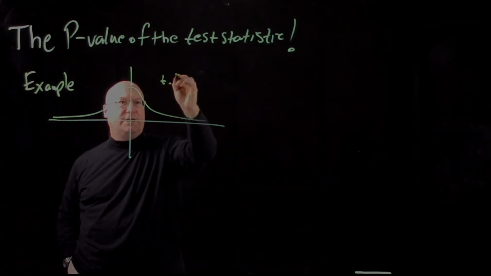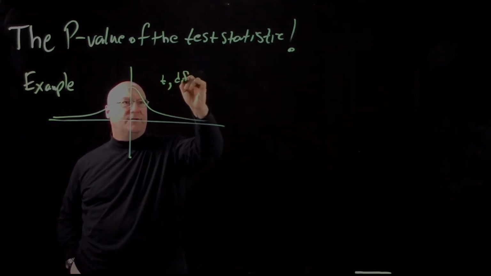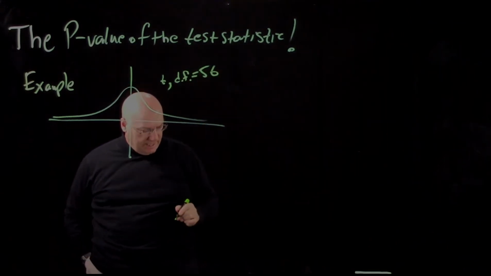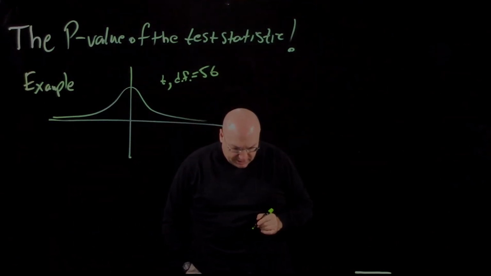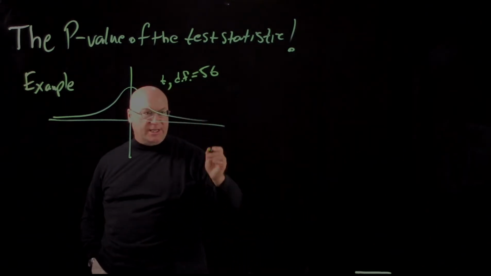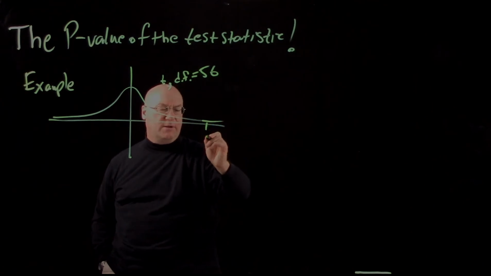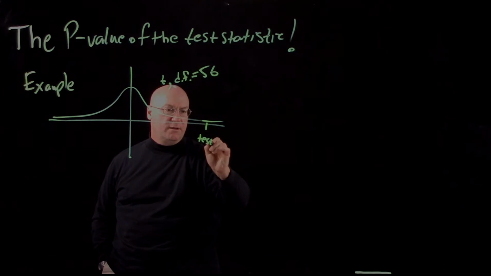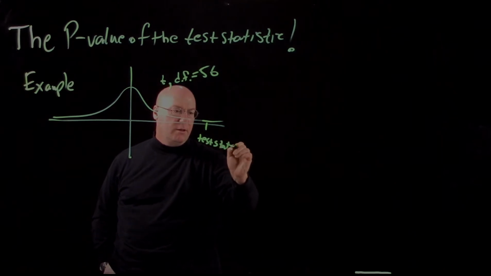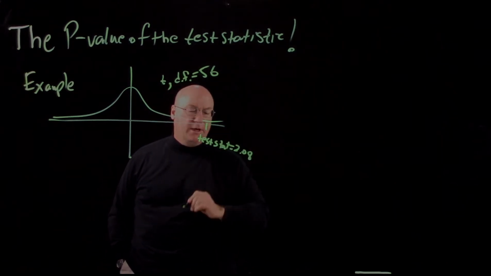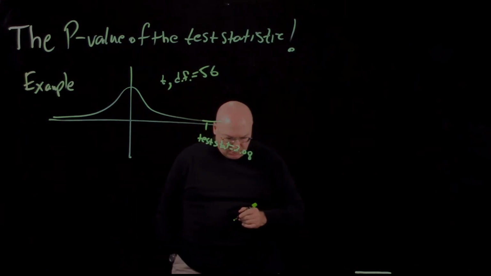This is t with degrees of freedom equal to 56, and it's a one-tailed test. So it's, let's say, a right-tailed test. So I get a test statistic equal to 2.08.